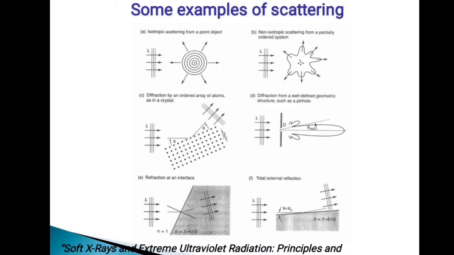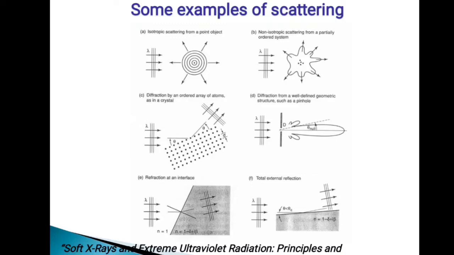In the next image, D, there is diffraction from a well-defined geometric structure such as a pinhole-like structure. How does the scattering happen? The pinhole-like structure has a long straight line, and scattering happens in some directions.